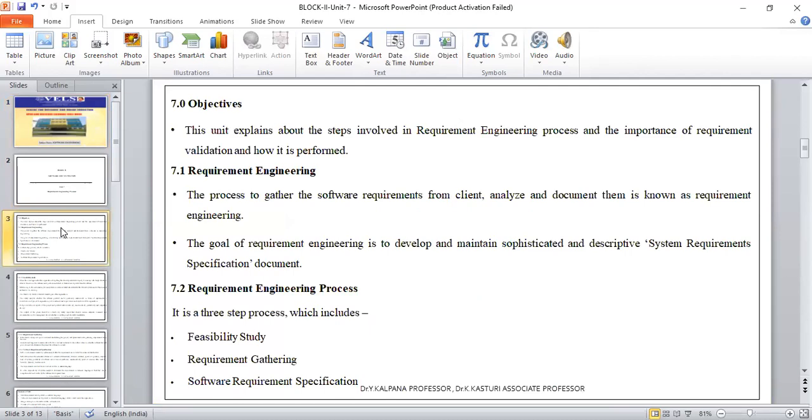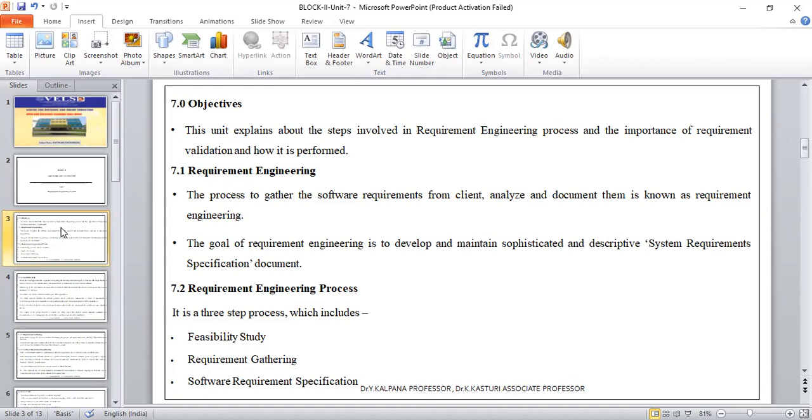Okay, what is the requirement engineering process? It explains the steps involved in gathering the requirements and the importance of requirement validation, how it is performed. Requirements engineering process is where we gather the requirements from the client side.